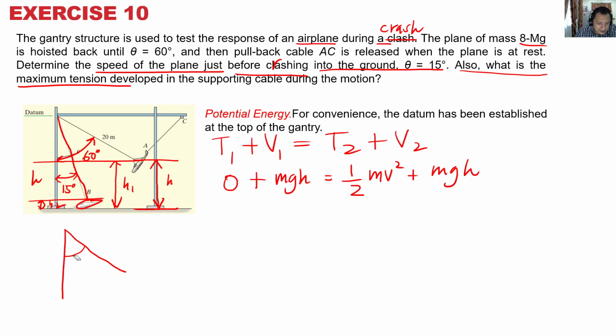So let's draw a proper triangle. This is theta. This is 20. This is h. So sine theta is equal to h over 20, right?